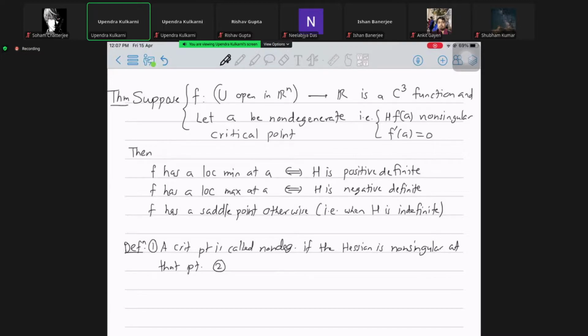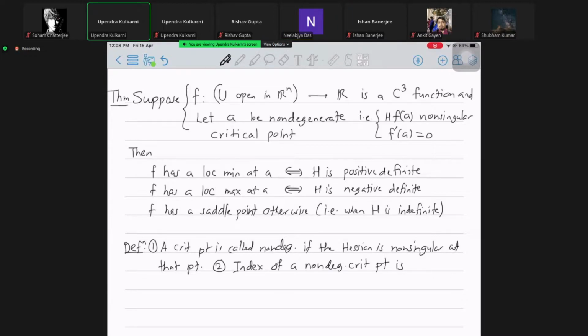What else? Yeah, so the index of a non-degenerate critical point is, yes, go ahead, please.